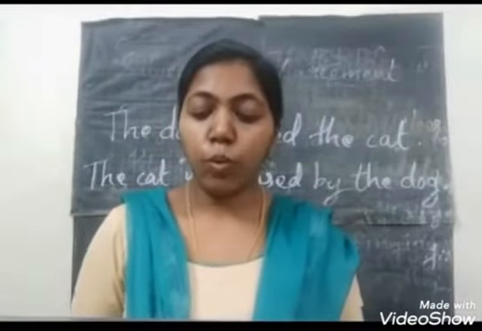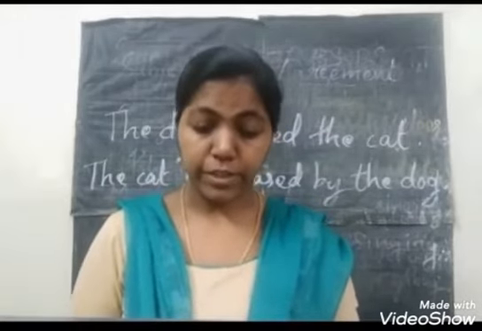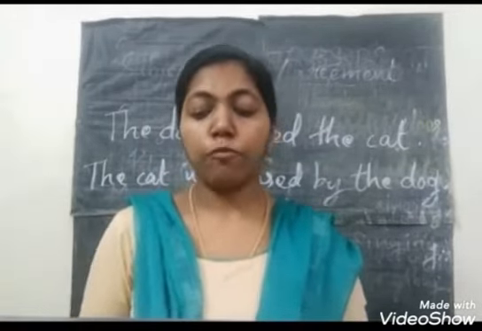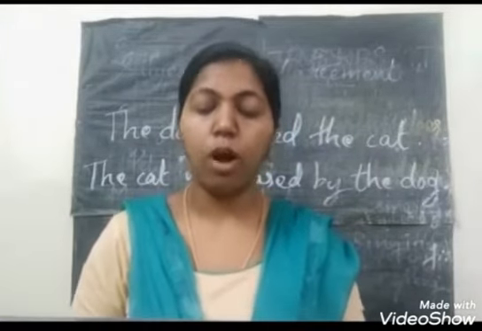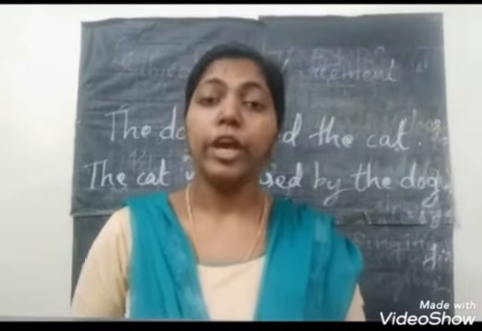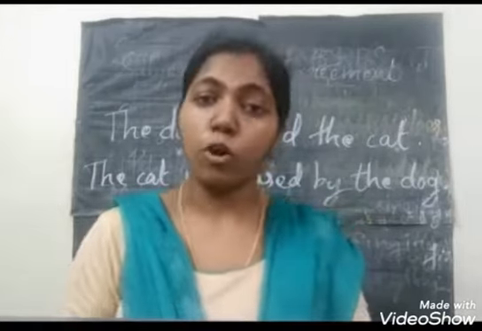Indicate whether the verbs in the following sentences are transitive or intransitive. Name the object of each transitive verb and the complement of each verb of incomplete predication. Here, what you have to do is identify whether the verb is transitive or intransitive.